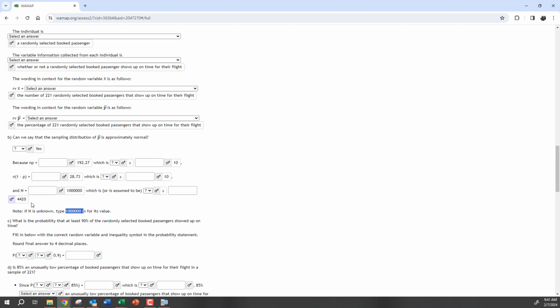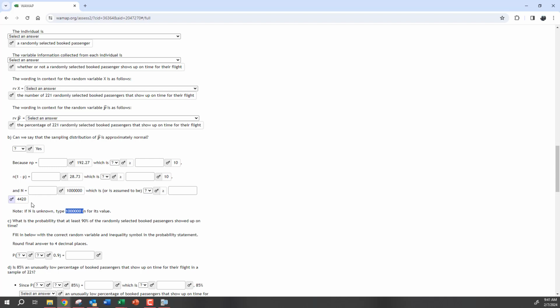You might be going, well, where the heck did they get 4,420? Well, the last stipulation for us to be allowed to use the normal approximation of the binomial is, in addition to NP being greater than or equal to 10 and NQ being greater than or equal to 10, we also have to have the stipulation that the sample that we're taking has to be 5% or smaller than our population.